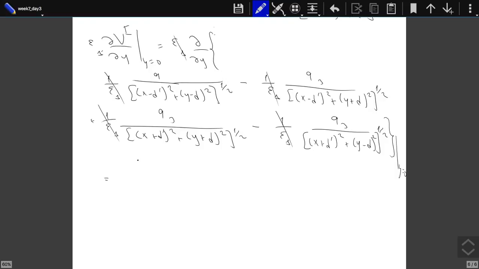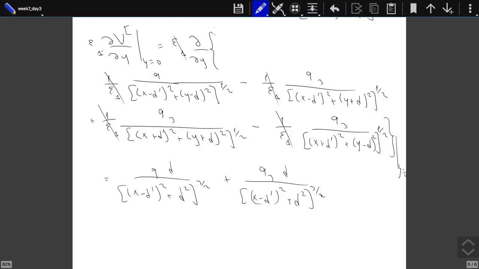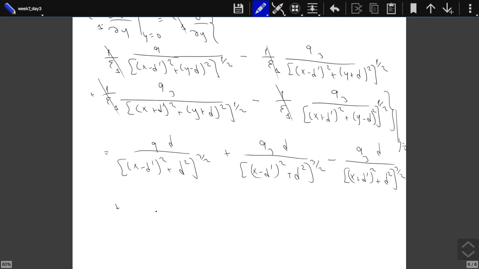And if you take the derivatives, you would end up having q times d over (x minus d prime) squared plus d squared to the power 3/2, plus q3 times d over (x minus d prime) squared plus d squared, plus, minus q3 d over (x plus d prime) squared plus d squared, and plus q3 d over (x plus d prime) squared plus d squared to the 3/2.